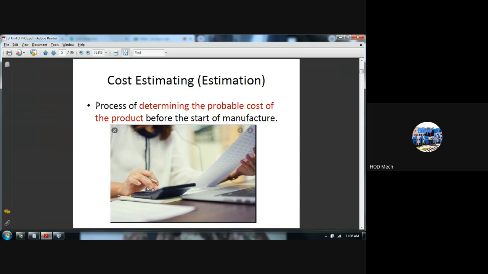Cost estimation means that before you do a task, you first estimate how much amount will be needed to complete this work. Say, for example, your father and mother plan to build a new home. Before building it, they will first estimate. How much will the foundation cost? The foundation may take 5 lakhs. We are building on 3.5 cents of land, and I am going to build a home. Then I am going for a 1 floor building.